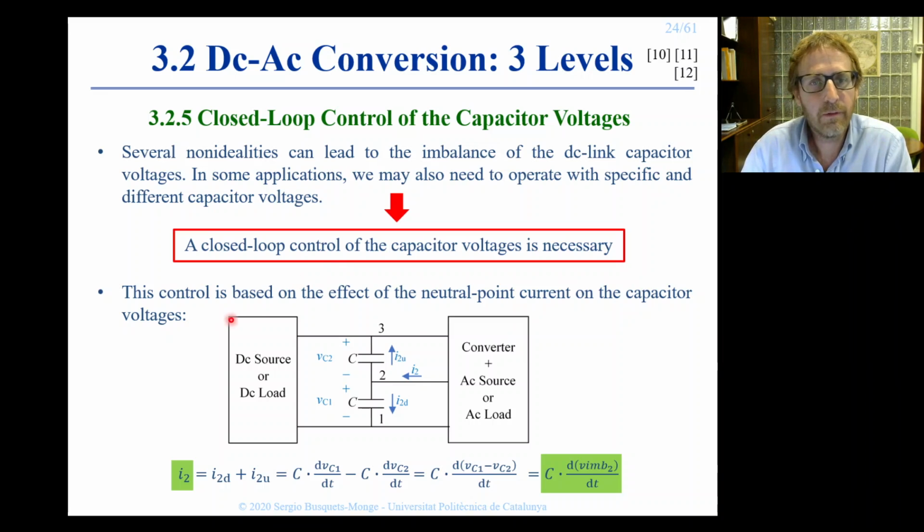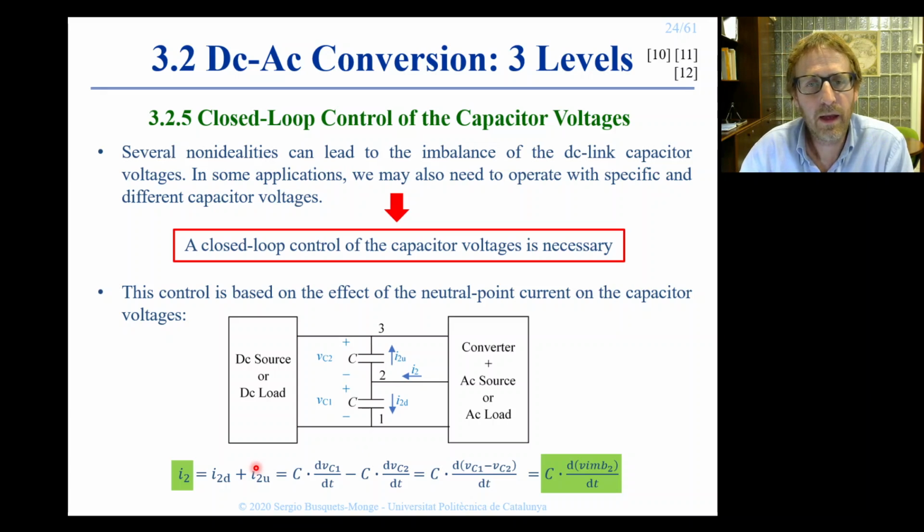The closed-loop control of the capacitor voltages is based on the effect of the neutral point current. In the bottom of this slide, we analyze in detail the effect of the neutral point current in the capacitor voltage imbalance. The neutral point current can be expressed as the addition of this current iCD plus this current iCU, which are the currents flowing through the two capacitors.